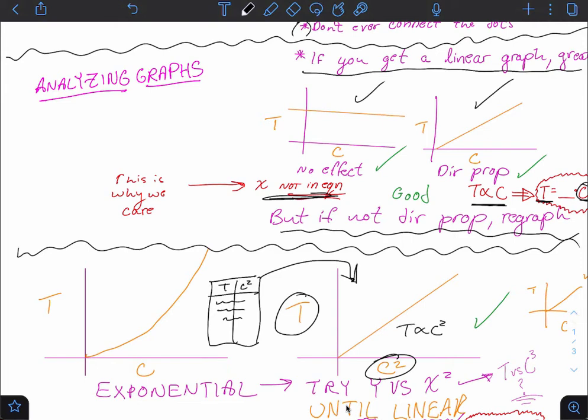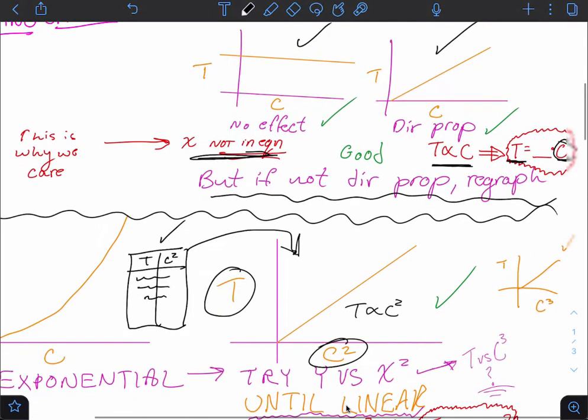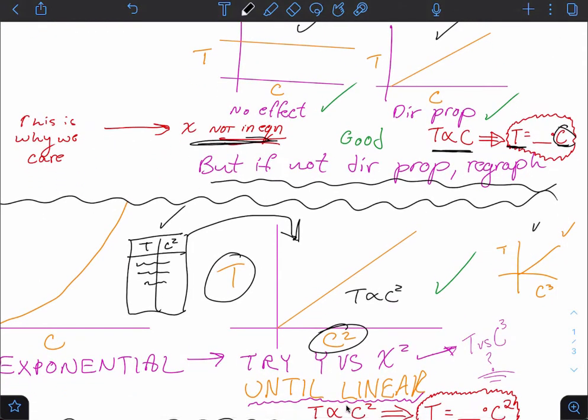However, if you graph t versus color squared and you still get a curve, then that's not quite right. You're going to have to jump to t versus c cubed, which means you're going to have to make another data table and regraph until you get it linear.